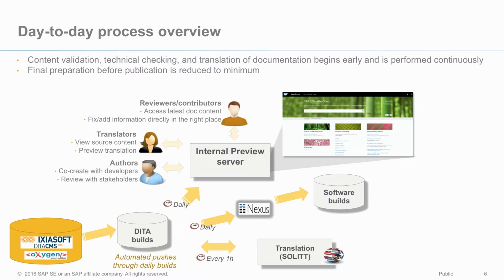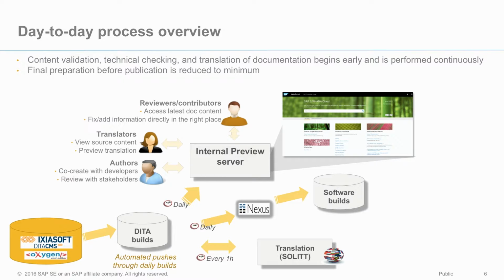So the first important one is our internal preview server that is used by the different communities, either for reviewing, or for translators to review their translated outputs, or just for authors to co-create with their development teams.